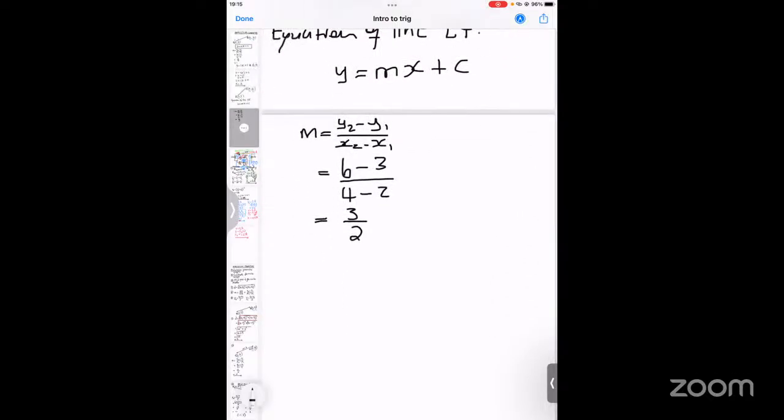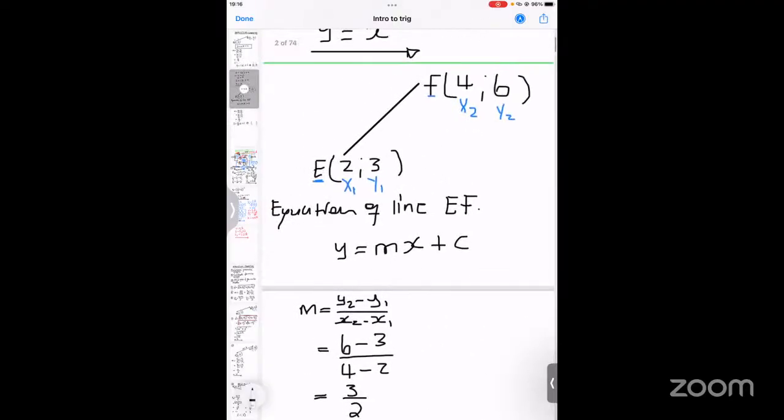So that means now we have y equals 3 over 2x plus c. Then you choose a point. Which point are you going to choose? The easy point. Both of them are easy because all the x and y are positive values.